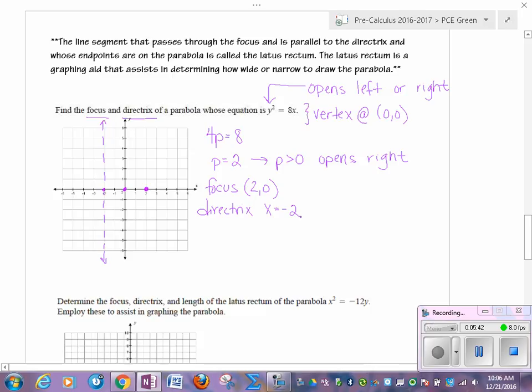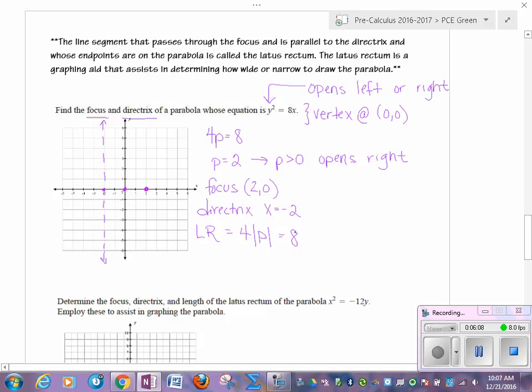Now I'm going to go ahead and draw this parabola, and I need to know how wide my parabola is going to be. So I'm going to look for the length of the latus rectum. The latus rectum has a value of 4 times the absolute value of p. And as you do more of these examples, you'll notice that 4 times the absolute value of p is very easy to tell. So in this case, it's just 8. Now, the whole distance is 8.